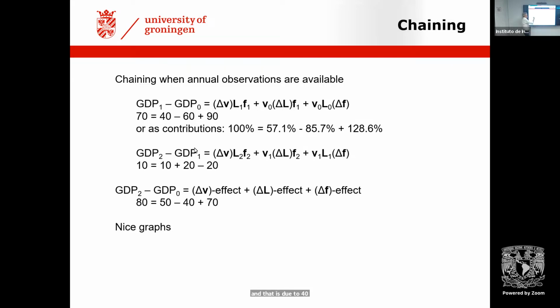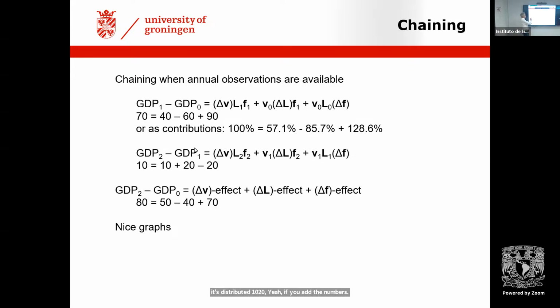And in percentages. Now suppose that between year 1 and year 2, GDP increases by 10, and it's distributed 10, 20, and minus 20. Now, if you add the numbers, that is chaining.